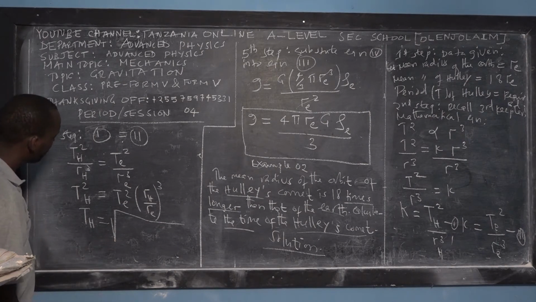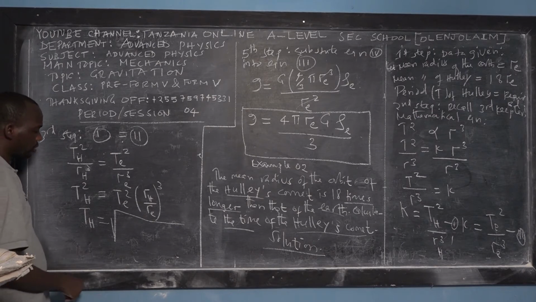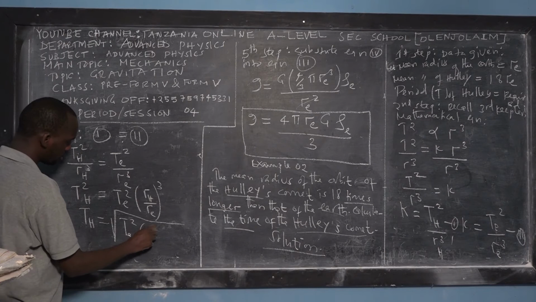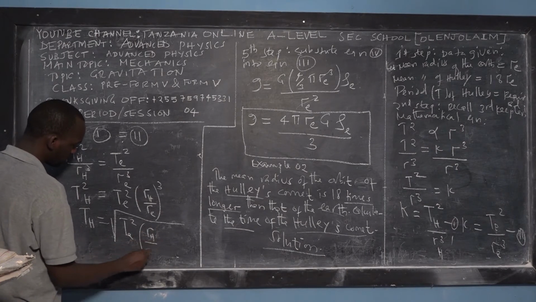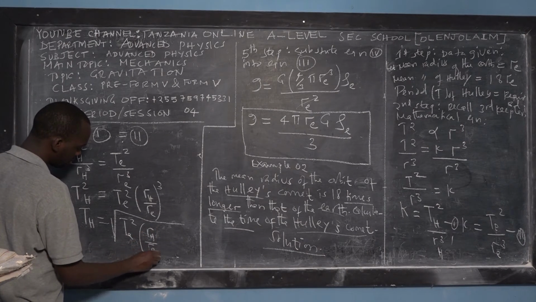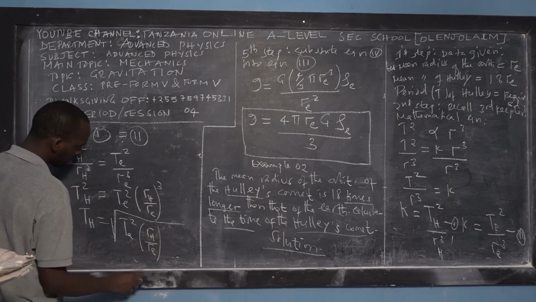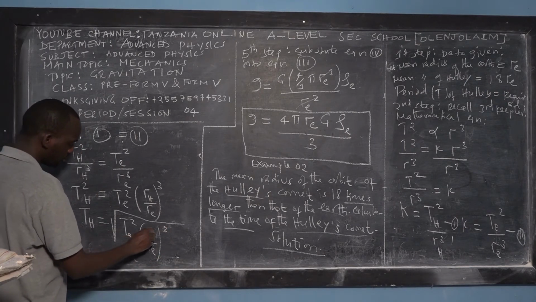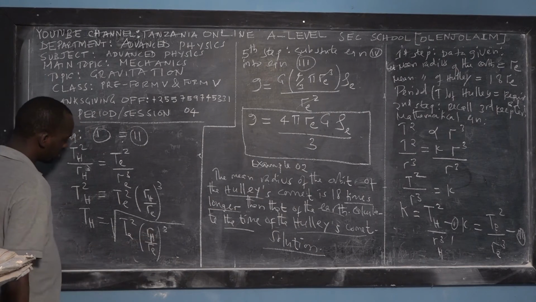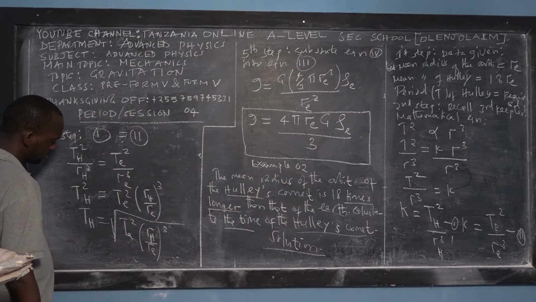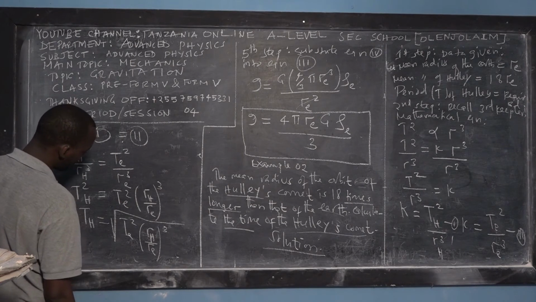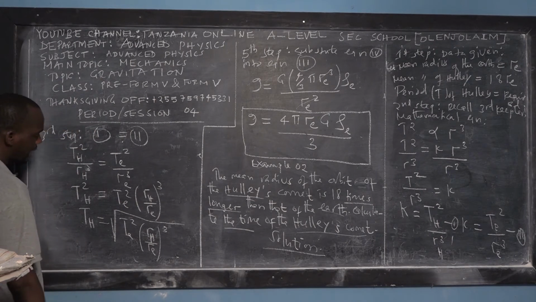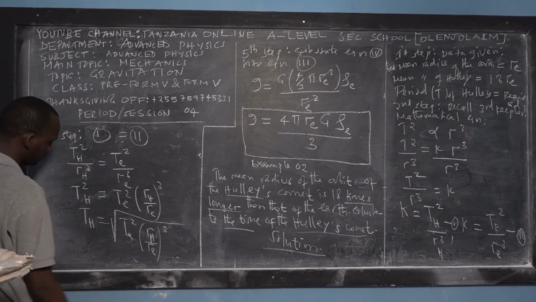So we say that the period of Halley right now is the square root of what? The period of the S square, radius of Halley over radius of the S cubed.